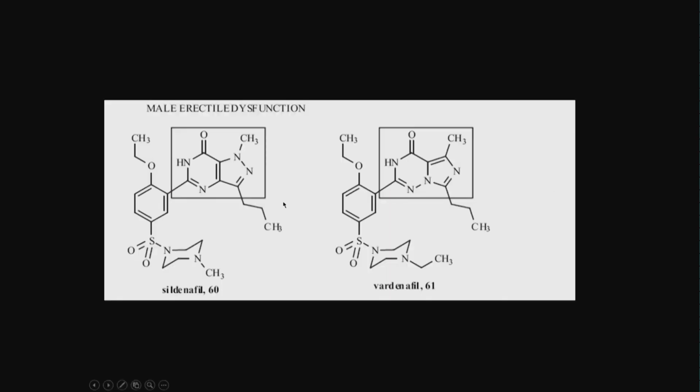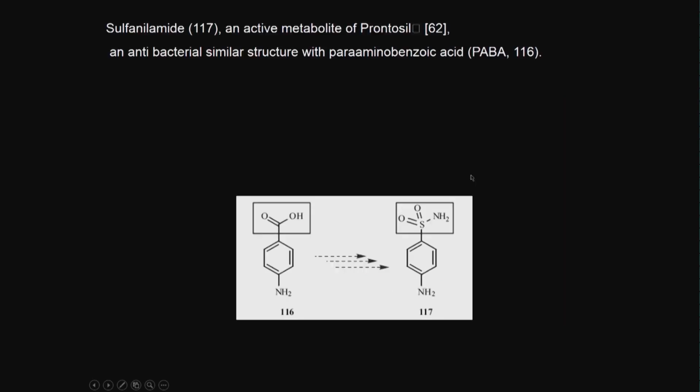This is an oxygen 5-member ring, this is a nitrogen-sulfur 5-member ring. This is a male erectile dysfunction drug, sildenafil, vardenafil. Look at this. This portion is the same, so this portion has been replaced and they exhibit similar activity.